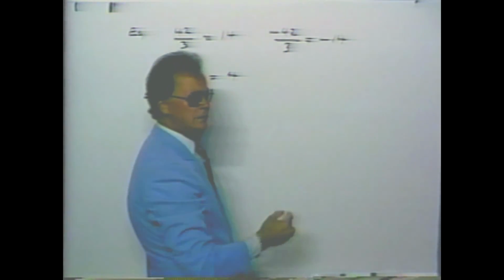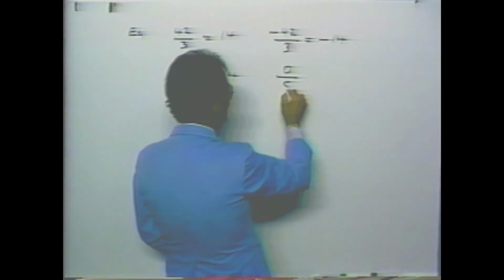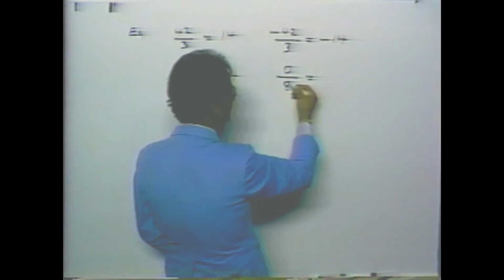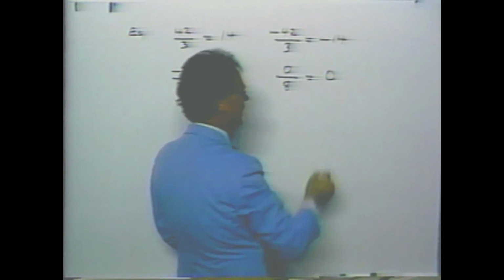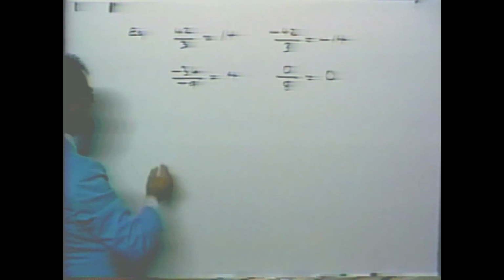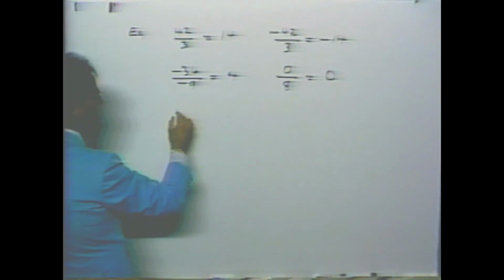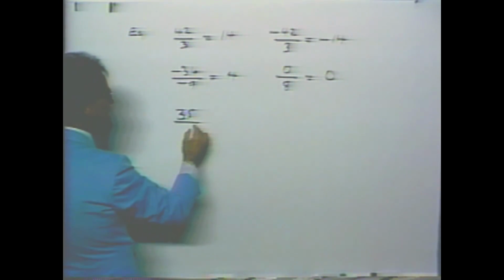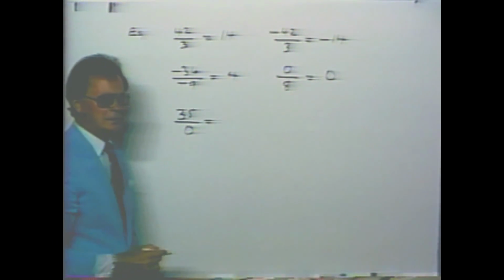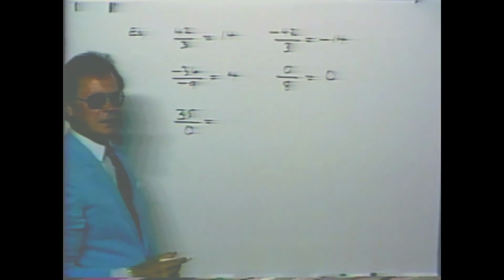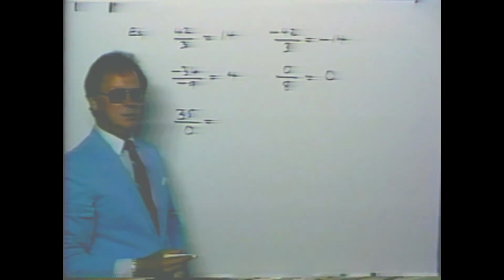If we have 0 divided by 8, 0 divided by 8 is always 0. Another example, if we have 35 divided by 0, the answer is undefined. This cannot be solved, and it does not have any answer whatever.